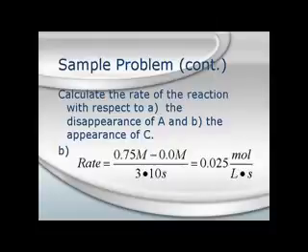Notice there is no negative sign here because this value is positive in itself, because the change in concentration is a positive number with the product. So 0.75 moles per liter minus 0 moles per liter divided by 30 seconds gives us a reaction rate of 0.025 moles per liter per second.